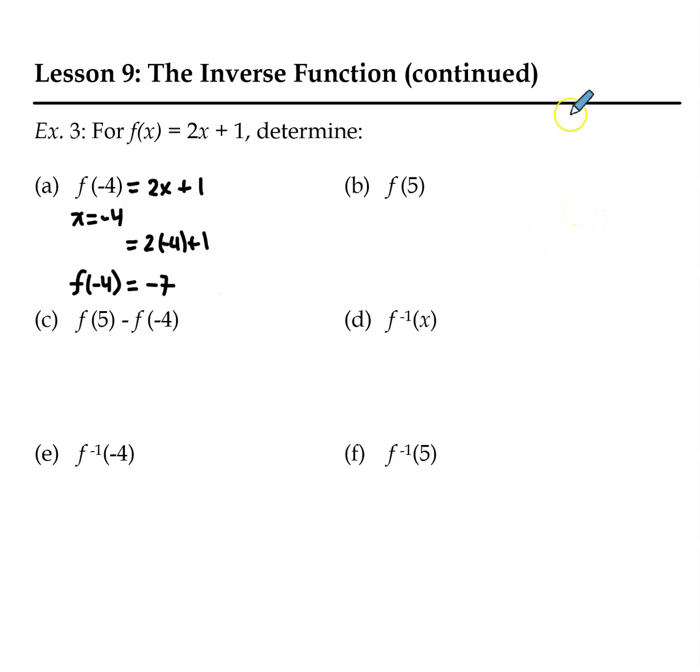When I look at question B, I'm able to look at the same equation, and I simply substitute my x value 5 and obtain 11. So I know I'm standing at the coordinate (5, 11).